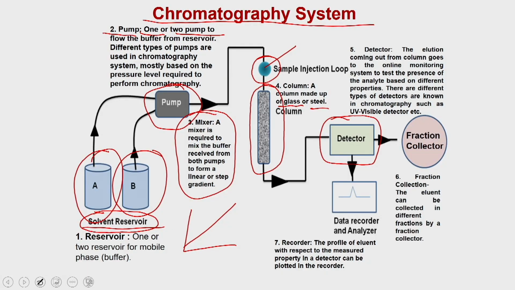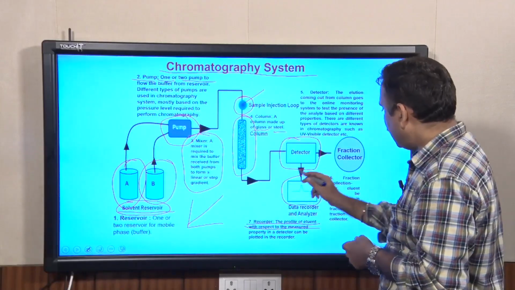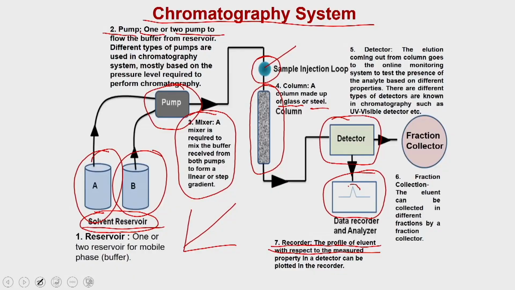The detector's job is to give you the pattern of the elution of these molecules from the column, and that will be shown to you in the form of a recorder. A recorder is nothing but a computer screen which shows you the pattern of that particular purification profile. Depending on the profile, suppose you want to collect a particular peak, then you can instruct the system, and it has a fraction collector.